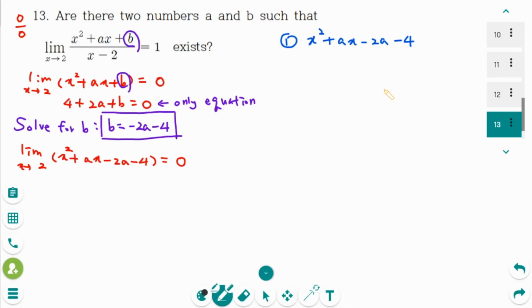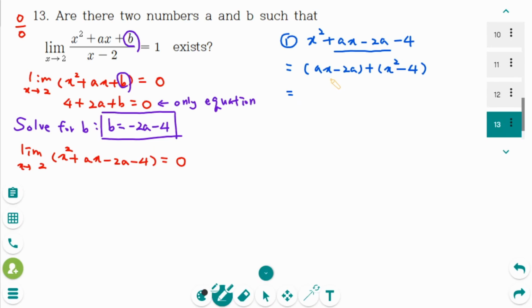If you don't know which ones to group, there is a rule for that. Choose the terms with a variable of lowest degree. While x has a degree of 2 and 1, a only has a degree of 1. So you have a group with a and a group without a.